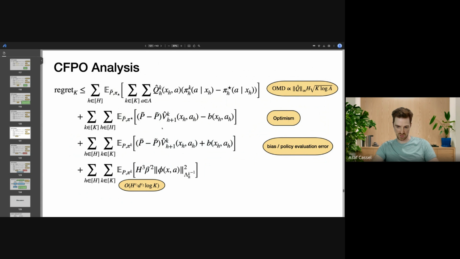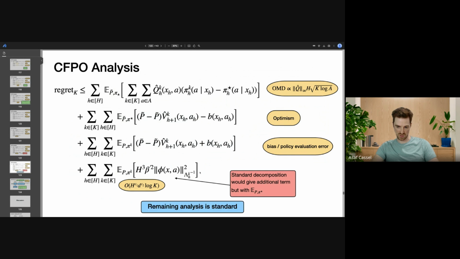So you'd get slightly worse dependence on H and D in the overall regret, in the leading terms for the square root of K. And the main point here is that because we already preconditioned on being in the good states with respect to pi star, we're only paying for the on-policy truncation. We don't have the term with respect to pi star like we had before. This is the key ingredient for making the analysis work.